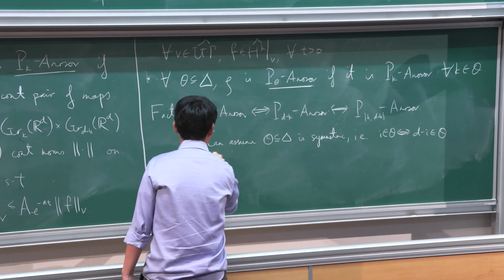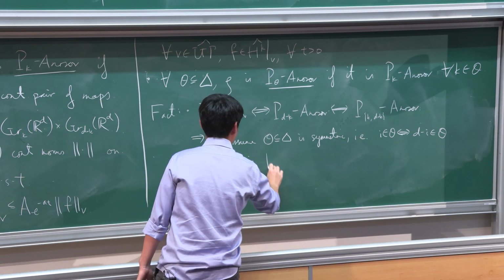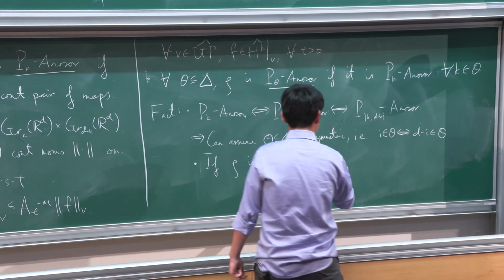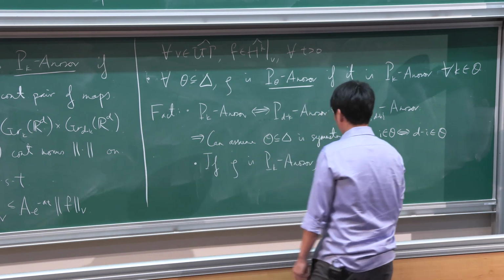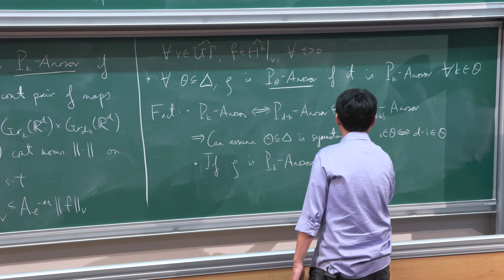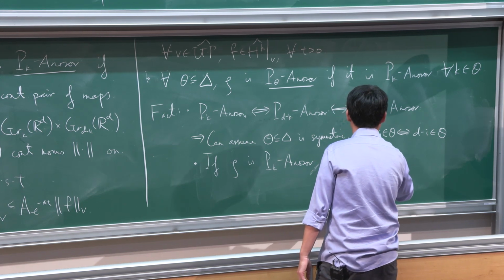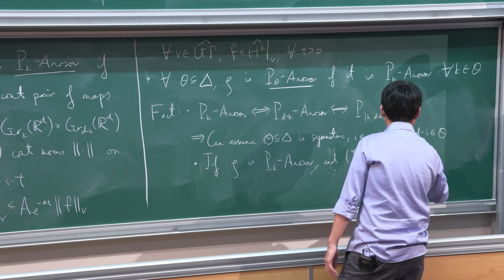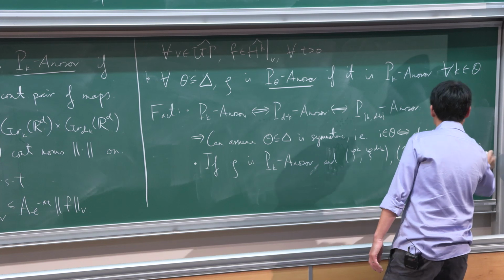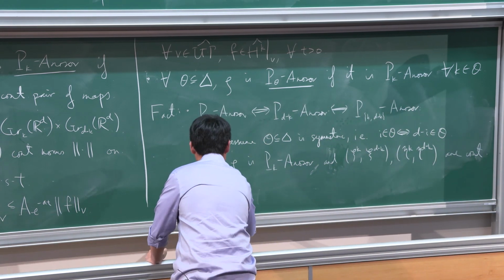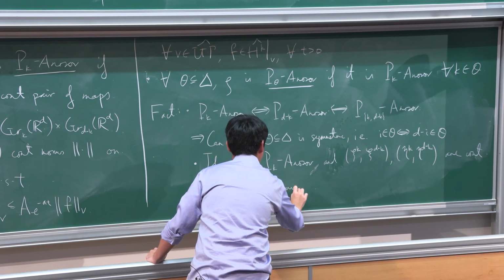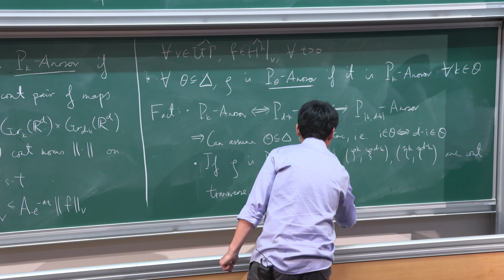If rho is PK Anosov, and xi K, xi D minus K and eta K, eta D minus K are continuous, transverse, rho-equivariant, then they have to be equal.